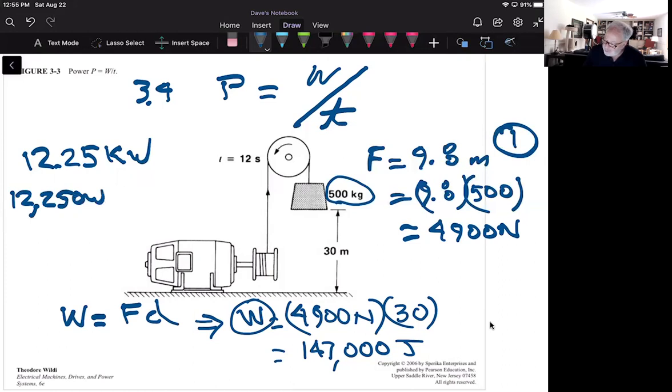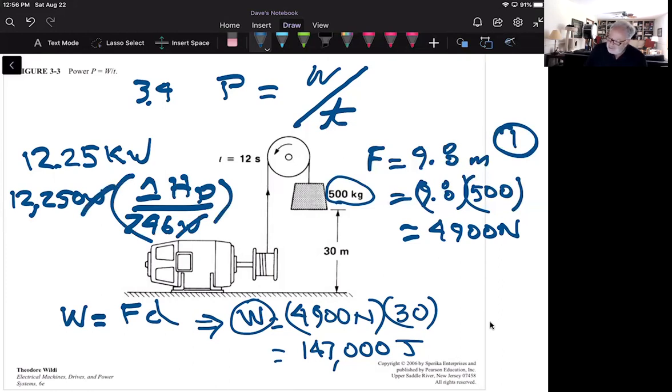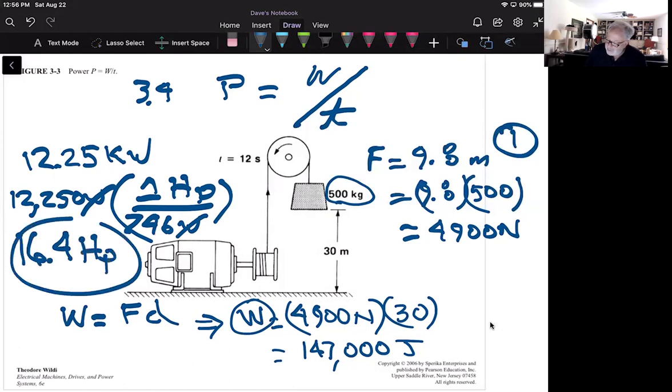We've got a conversion: 746 watts is equal to 1 horsepower. The watts are going to cancel out. 12,250 divided by 746 says that we would need a 16.4 horsepower motor to do that.